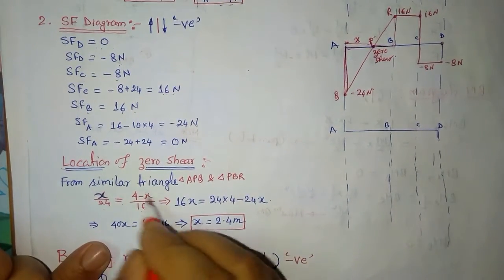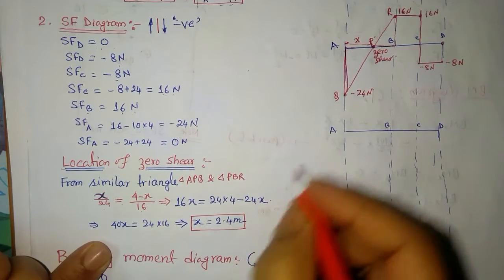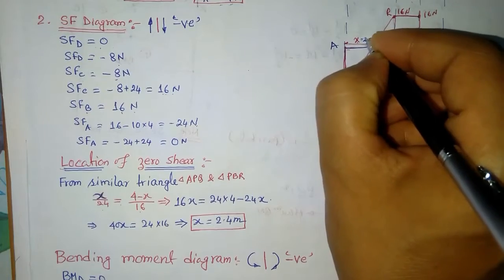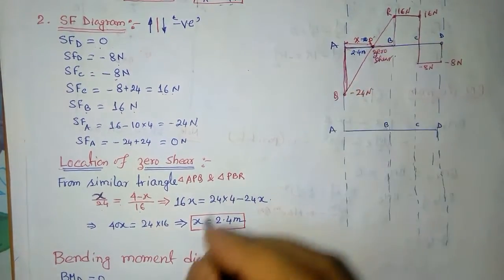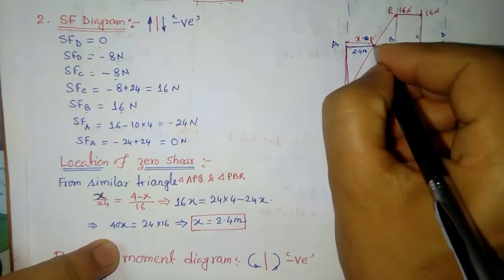If we simplify this equation we get x is equal to 2.4 meter. So this value x is equal to 2.4 meter, and this will be our 0 shear point.